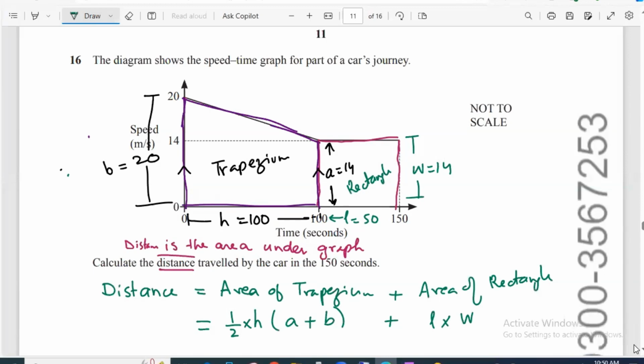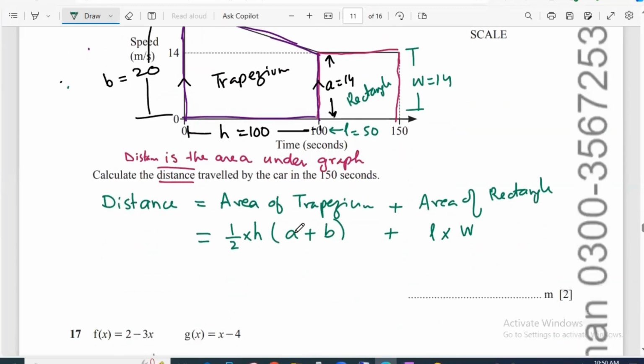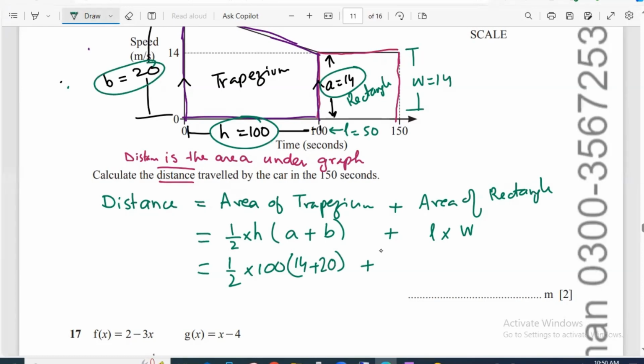But don't write the formula in the examination because it wastes time. Just put the correct values in the correct places. So half times 100 times A is 14 plus B is 20, plus length 50 times width 14.